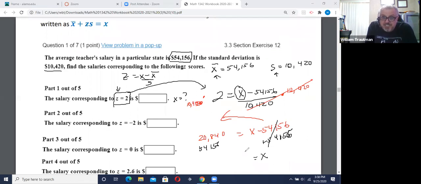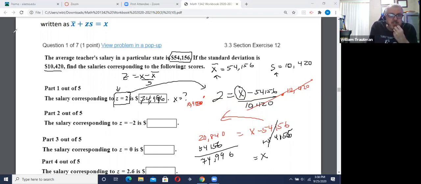I'm left with X equals, and then we're going to add these up together. I hope I added it up correctly. So the teacher's salary that corresponds to a Z value of 2 is 74,996.